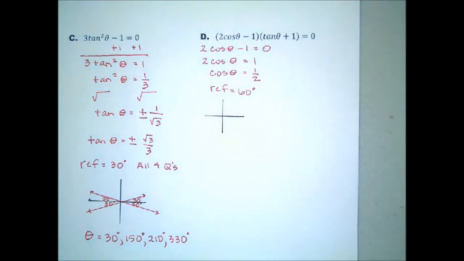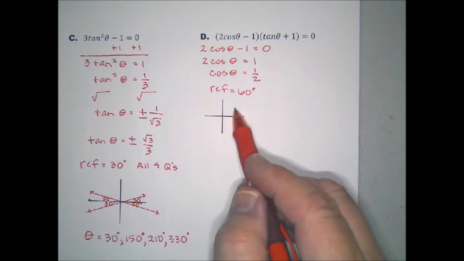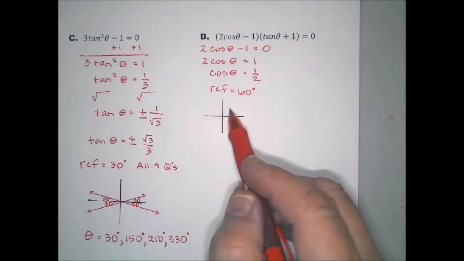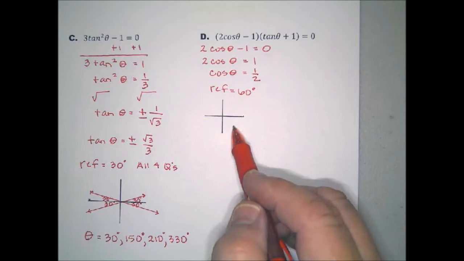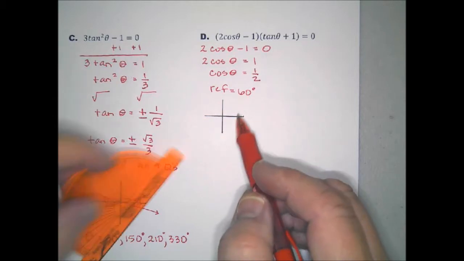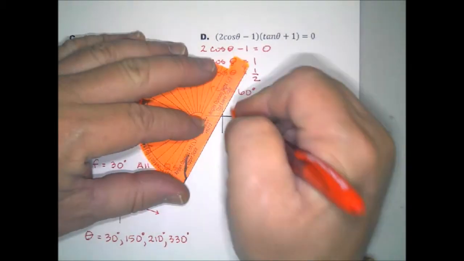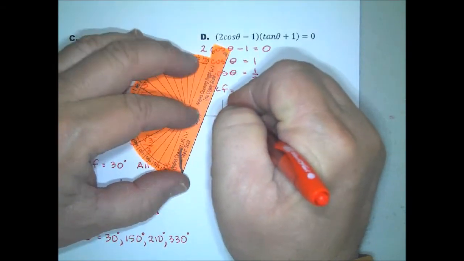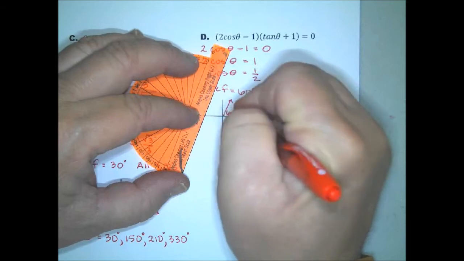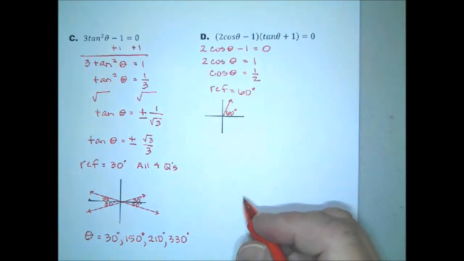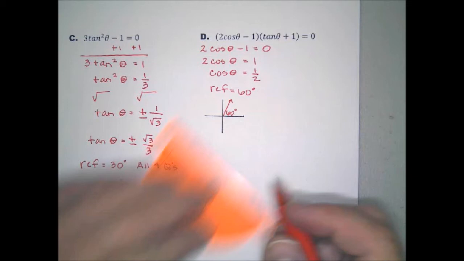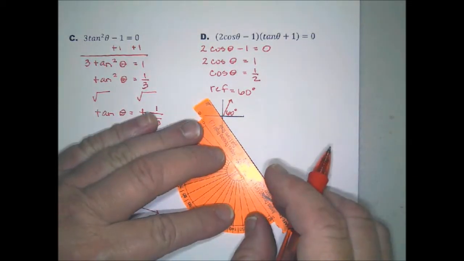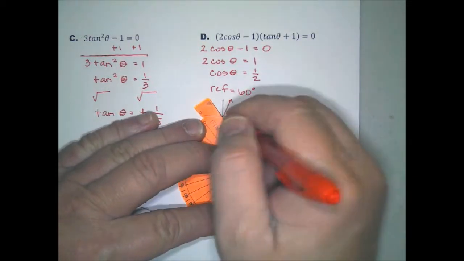The quadrants where cosine is positive are quadrant 1, since everything's positive in quadrant 1, and quadrant 4. So in quadrant 1, my 60-degree angle would look like that. And then in quadrant 4, my 60-degree angle would look like that.